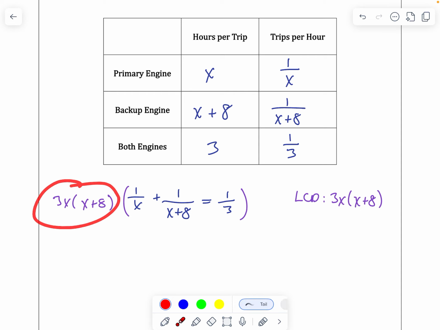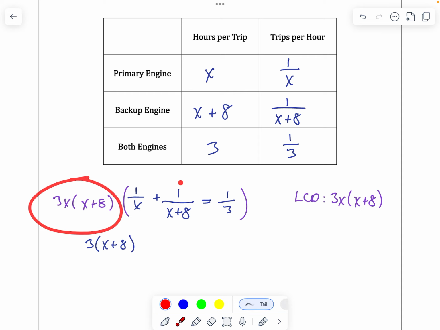When I multiply the LCD by the first fraction, the x's are going to cancel out, which just leaves me with 3 times x plus 8.